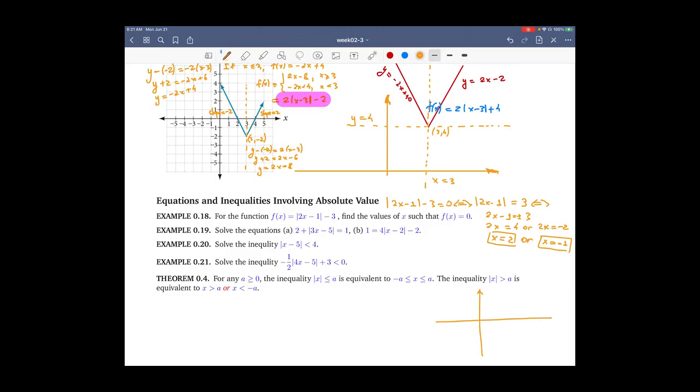So the special point here is the point 1/2, -3, the vertex of the sharp angle, and the x-intercepts are at 2 and -1. That is the graph of absolute value of 2x minus 1, minus 3.